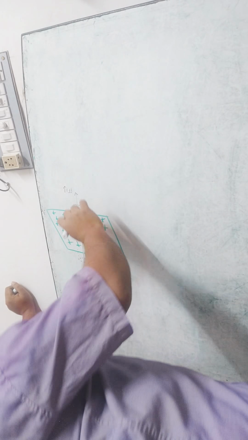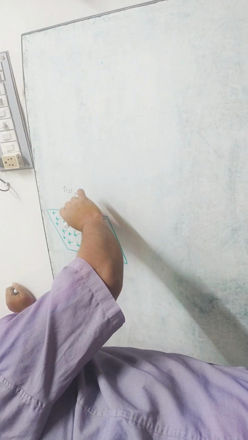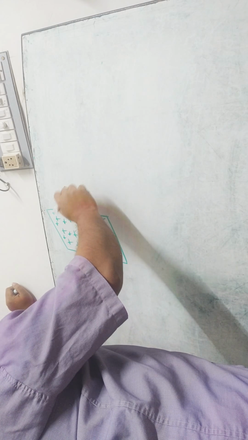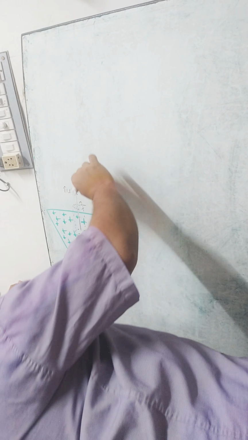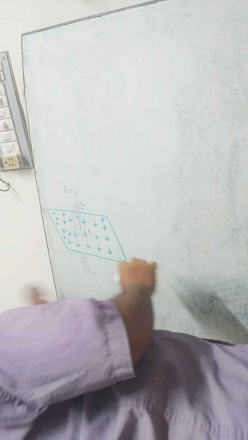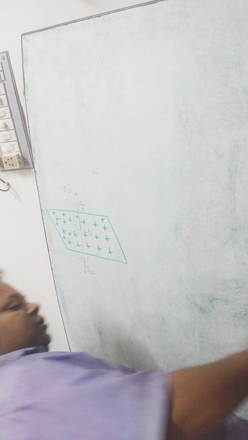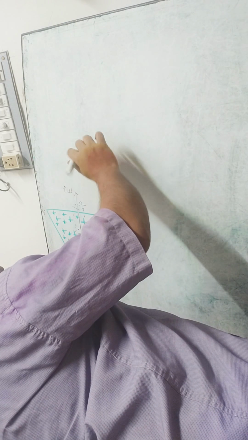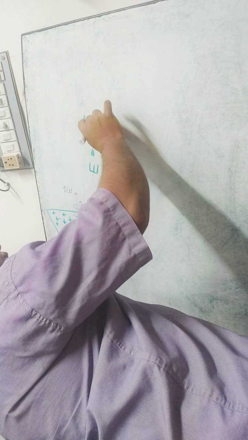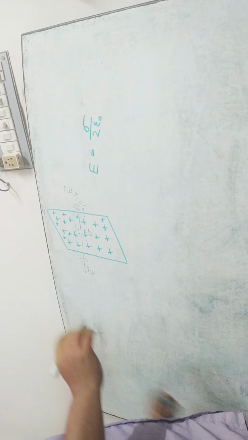Here, applying Gauss theorem, since there are two open surfaces, the electric field E is equal to sigma by 2 epsilon 0.